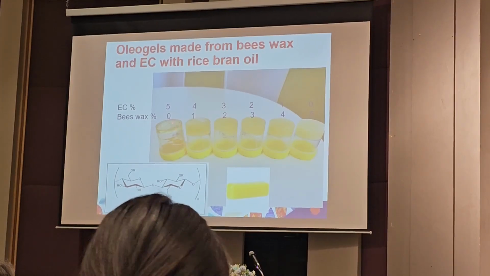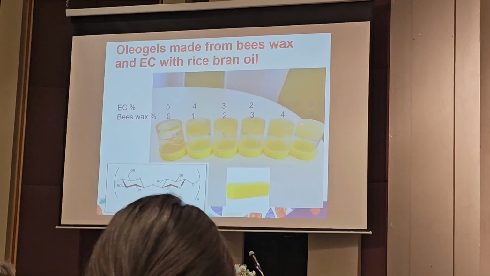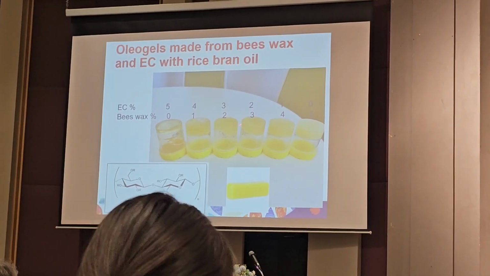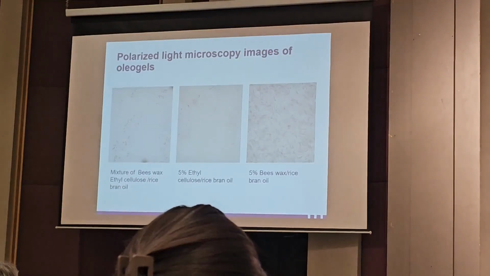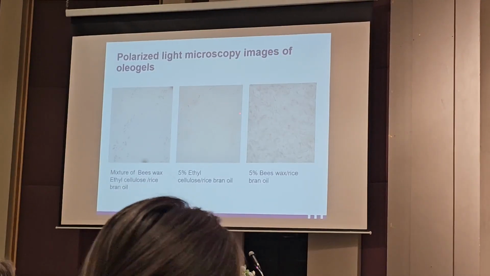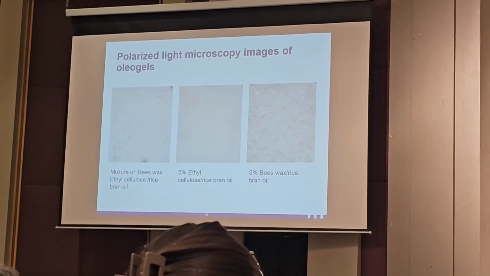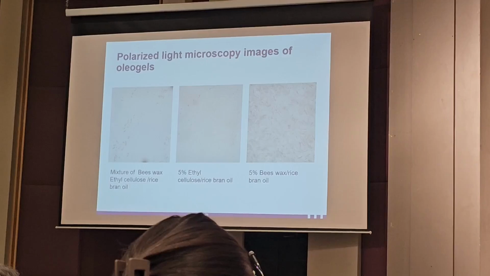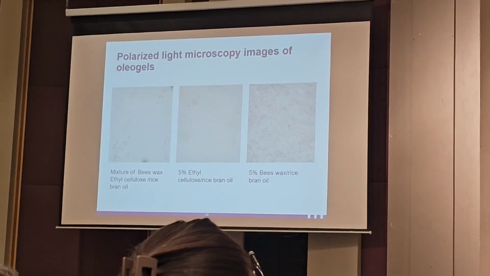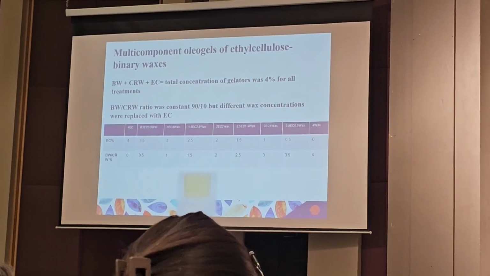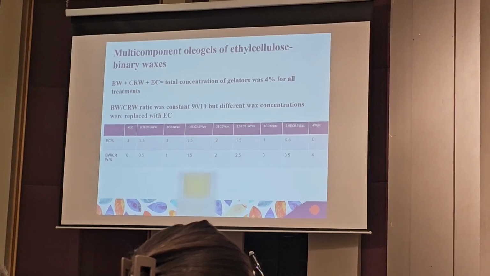That's 5% EC, no beeswax, but that's again all wax, and this is in between. If we put those under light microscopy, we can see that yes, we have different crystallization level in either of those, full with wax and or mixed with ethyl cellulose and wax. So this helped us to design some experiments and get a number of samples and put them through experimentation.